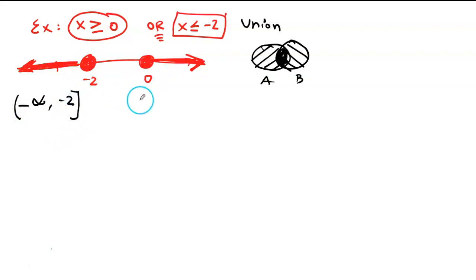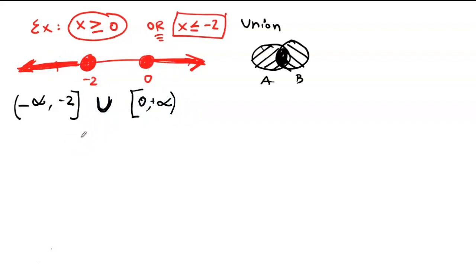This inequality starts at 0 and goes to the right, to positive infinity. 0 is included, bracket; infinity, parenthesis. So this interval notation is for this inequality, and this interval is for this inequality. Because we're doing OR, it's a union between the two of them. And this will be my interval notation for this graph.